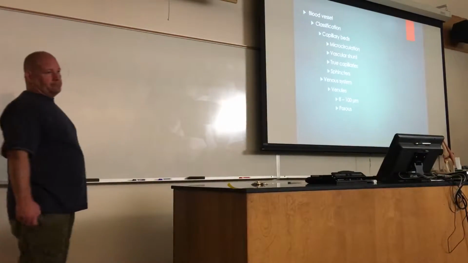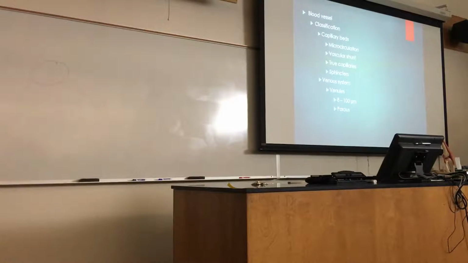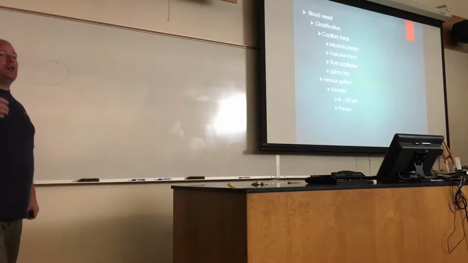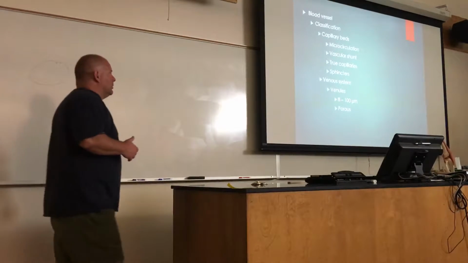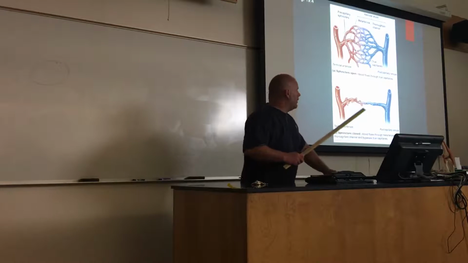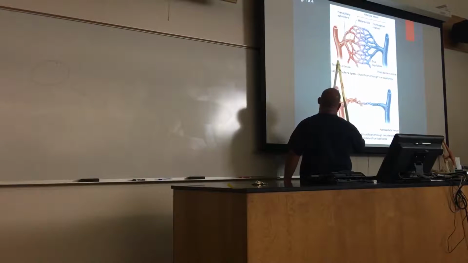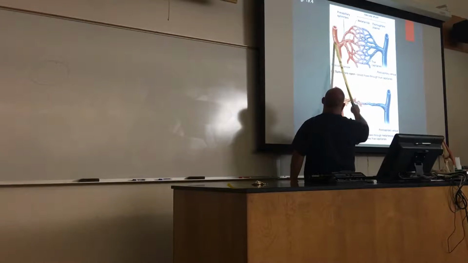All right? Now, when we look at them, this is referred to as our microcirculation. Why? It's the smallest vessels you got. It's the ones that are actually delivering stuff to your tissues. Now, I've got a terminal arteriole right here.